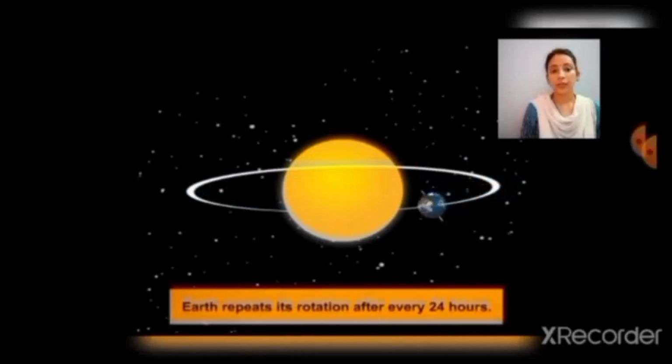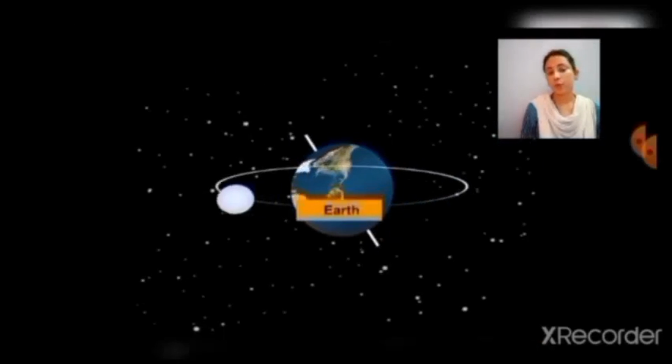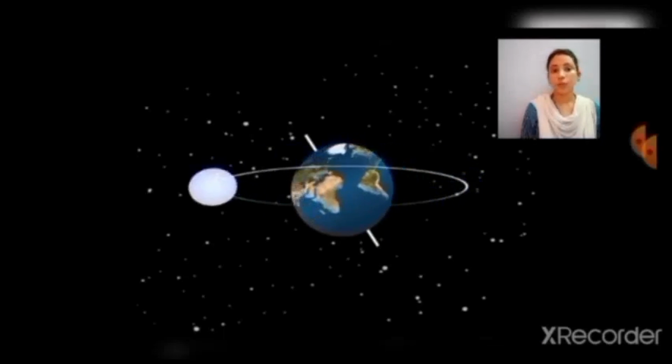My dear children, do you know Earth repeats its rotation after every 24 hours and repeats its revolution after every 365 days. Moon also undergoes two types of motion at a time. That is circular motion around the earth and periodic motion.